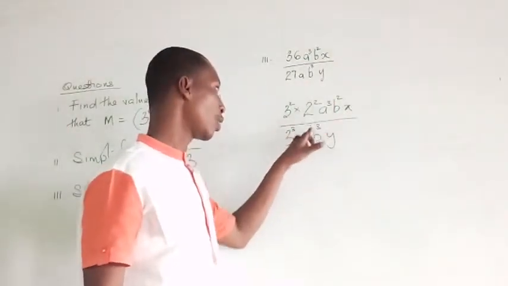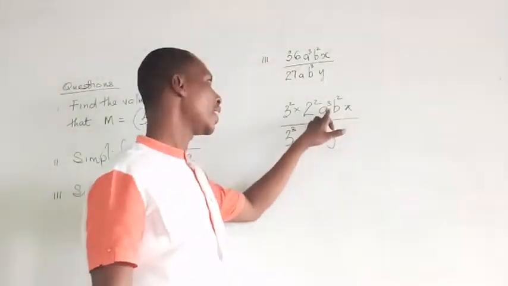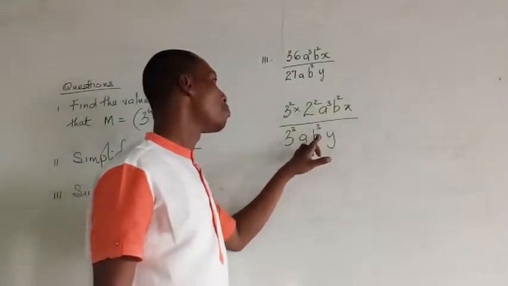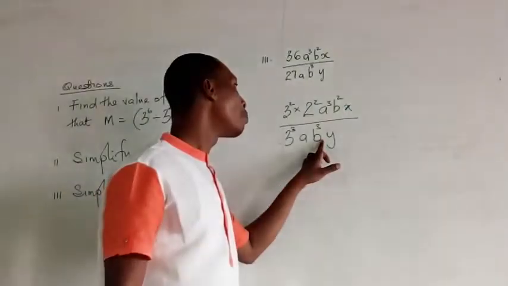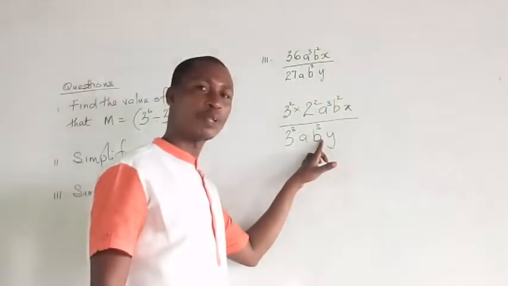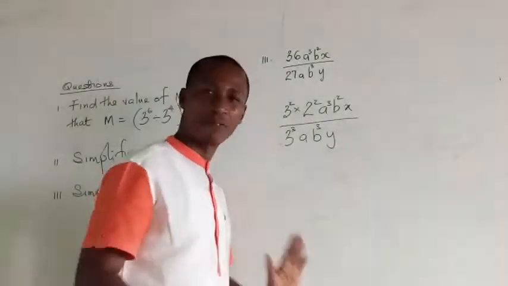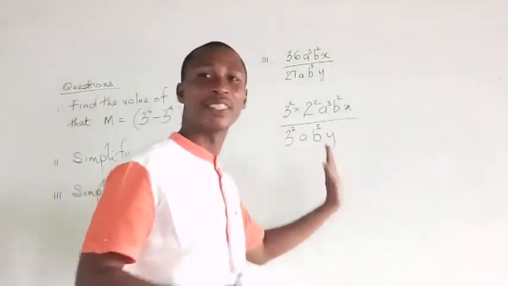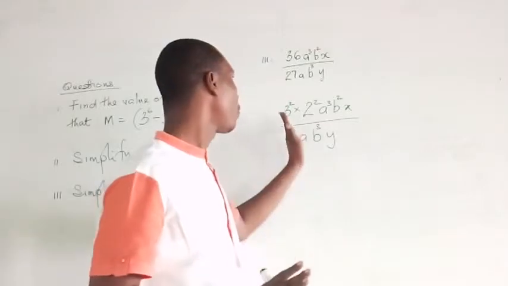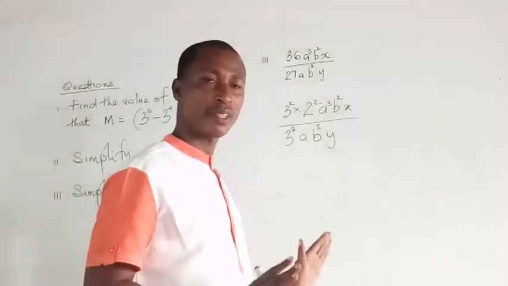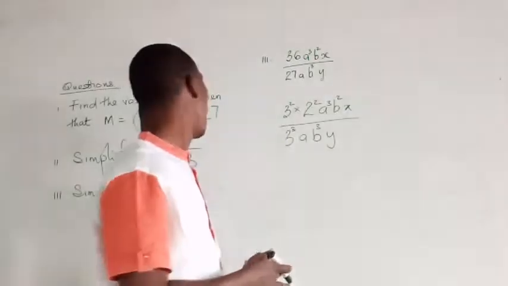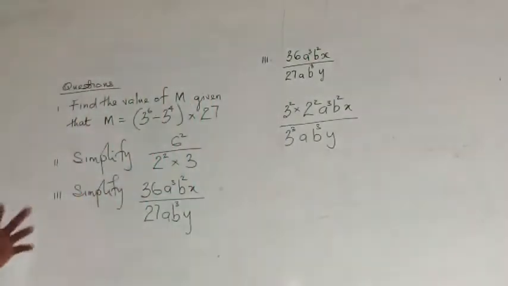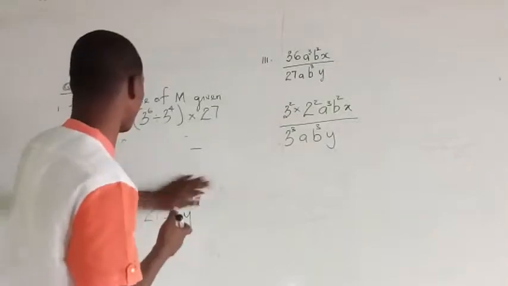That is, a is to the power 1 at the denominator, a is to the power 3 at the numerator, b is to the power 2 at the numerator, b is to the power 3 in the denominator. x and y are different, so for them we will not do anything. They will just come like that. So we first have to look at it one by one, and then simplify it further to get our answer.